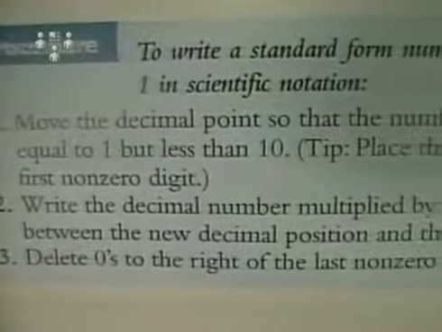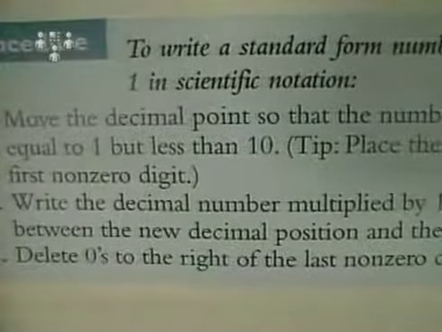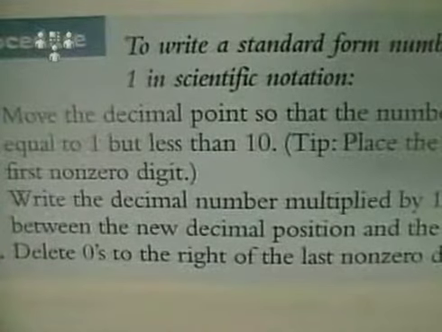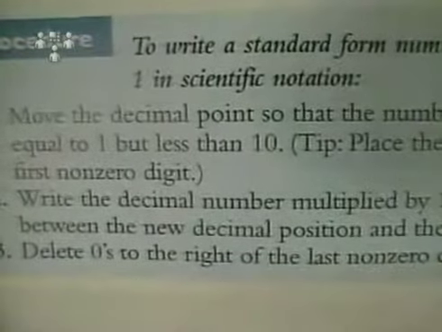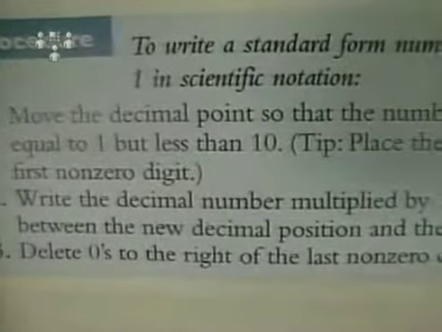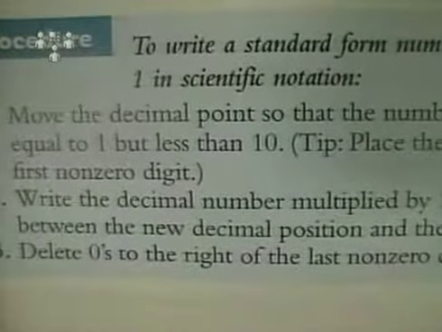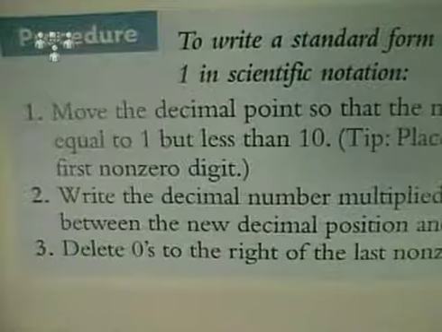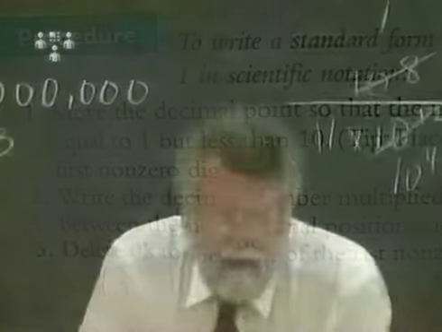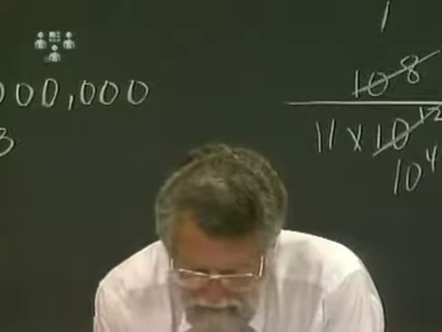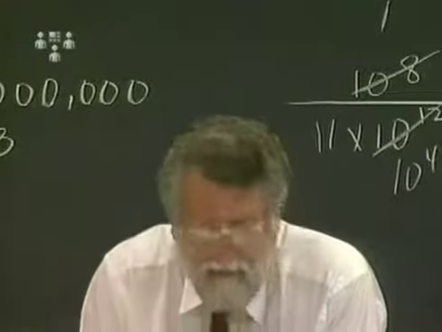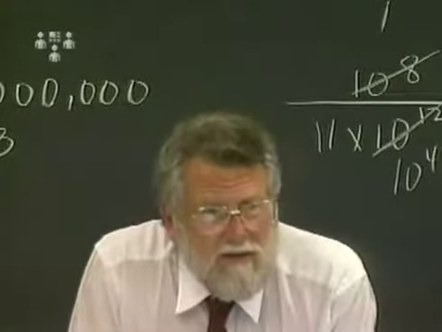And then it says, write the decimal number multiplied by 10 to the nth. Well, as you read that in the bottom of 432 and go through the process, the only difference is I could allow a negative value. So if we think of this again, the statement here, to write a standard form number whose absolute value is greater than 1 in scientific notation.